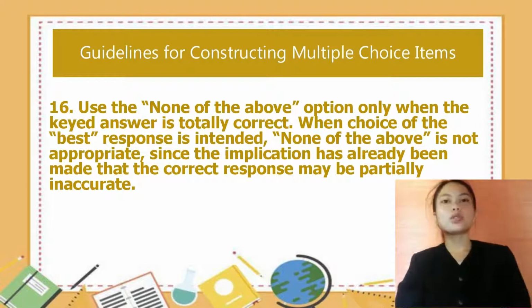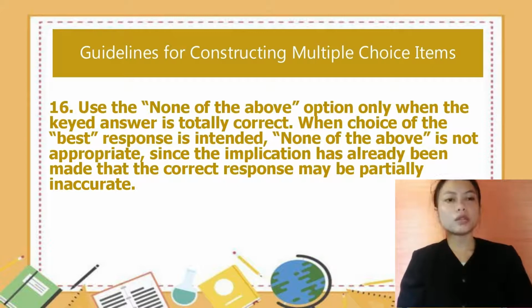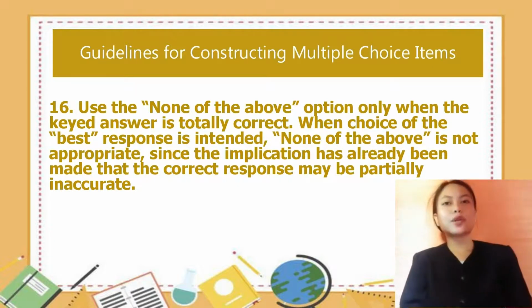Number 16. Use the none of the above option only when the keyed answer is totally correct, when the choice of the best response is intended. None of the above is not appropriate since the implication has already been made that the correct response may be partially inaccurate. For example, evolutionary software process models.